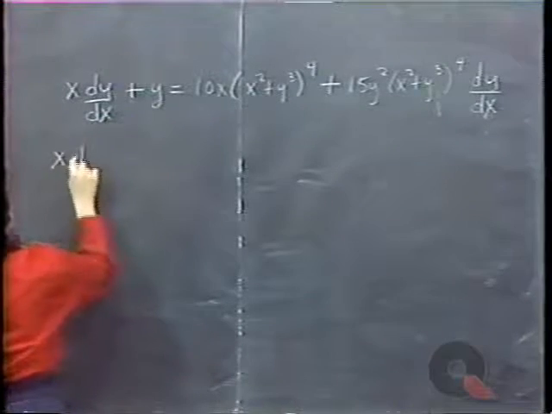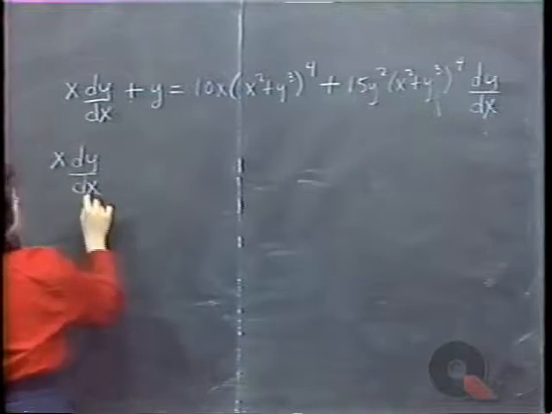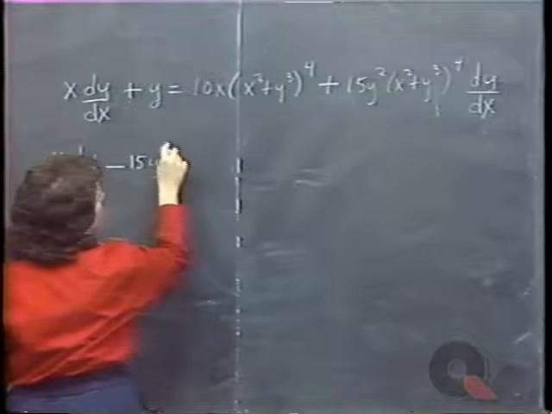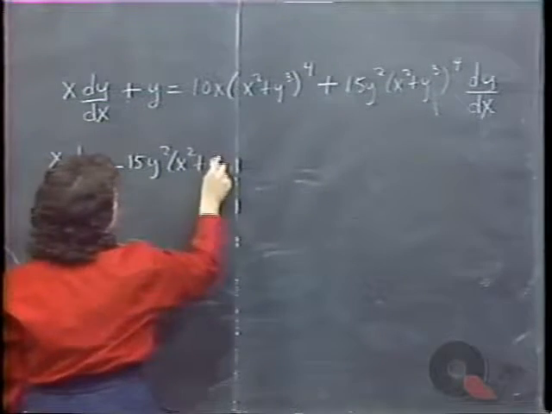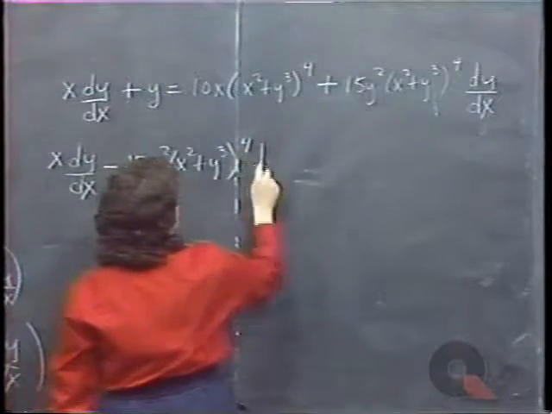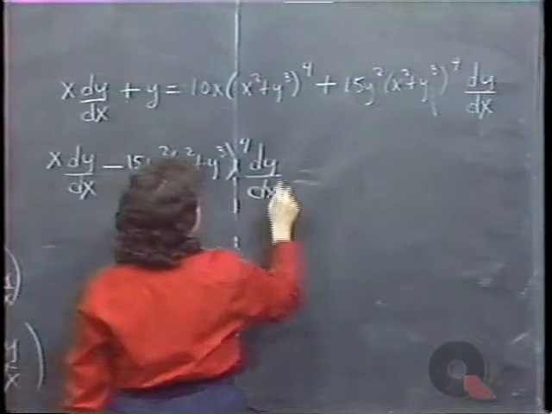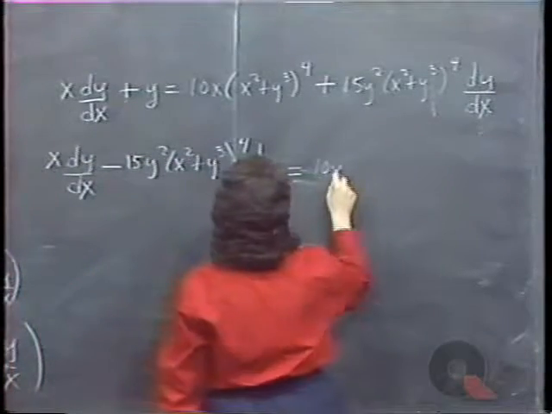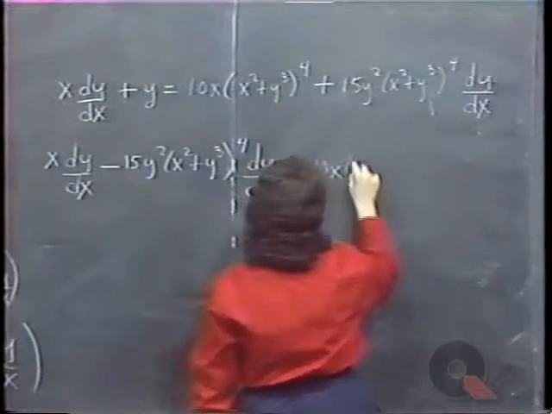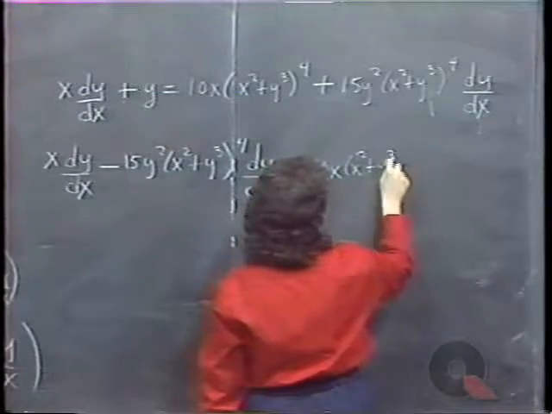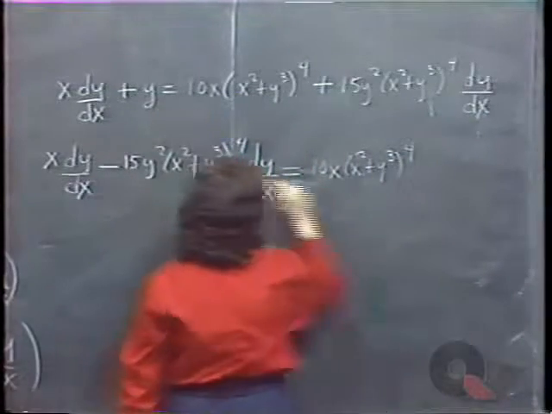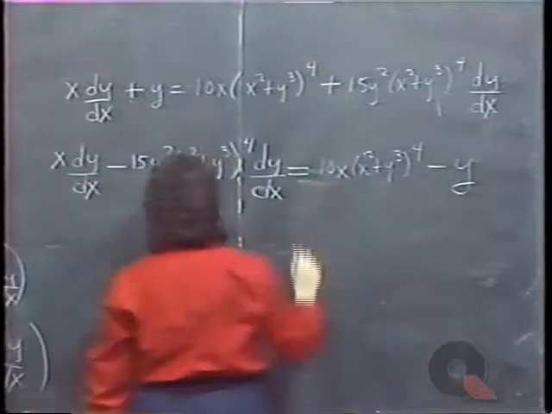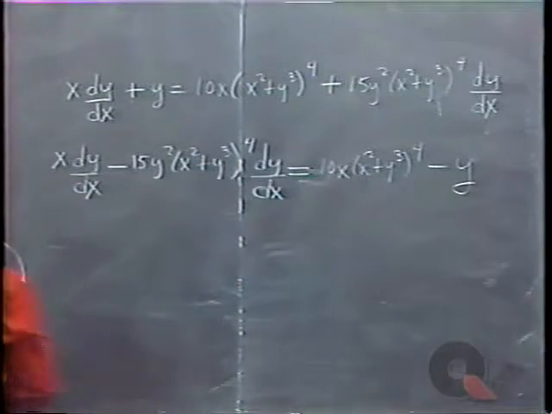So we'll have x dy/dx minus 15y squared times (x squared plus y cubed) to the 4th dy/dx equals 10x, that's already on the right side, times (x squared plus y cubed) to the 4th minus y. Okay, you can copy that and then we'll go over this.